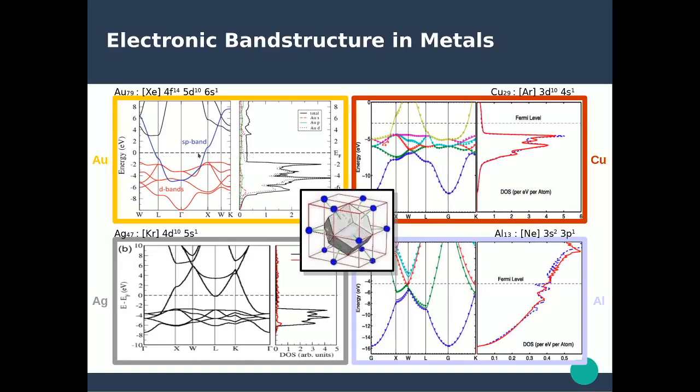They're typically 2 electron volts below the Fermi energy. Now, starting below the Fermi energy all the way up, we have those S and P states that are actually hybridizing, forming those SP bands. Those SP bands that are shown in all 3 metals are actually the conduction bands of those metals.